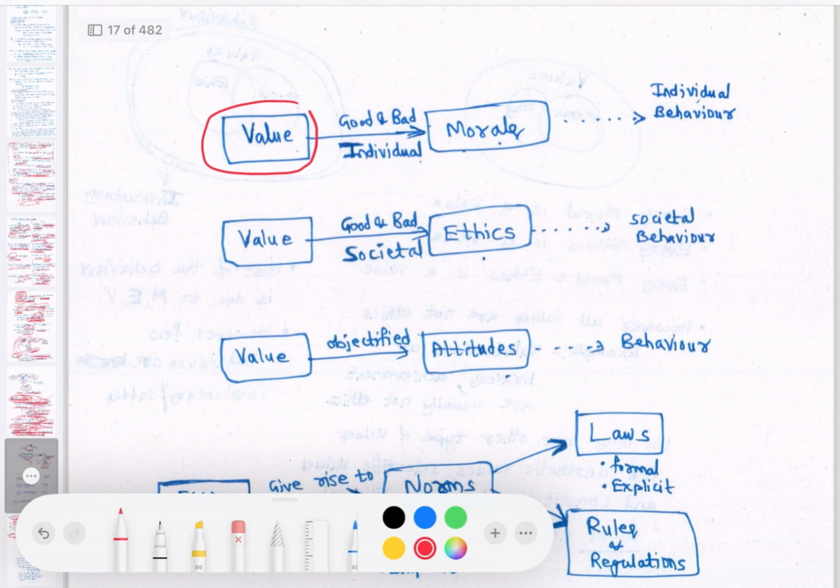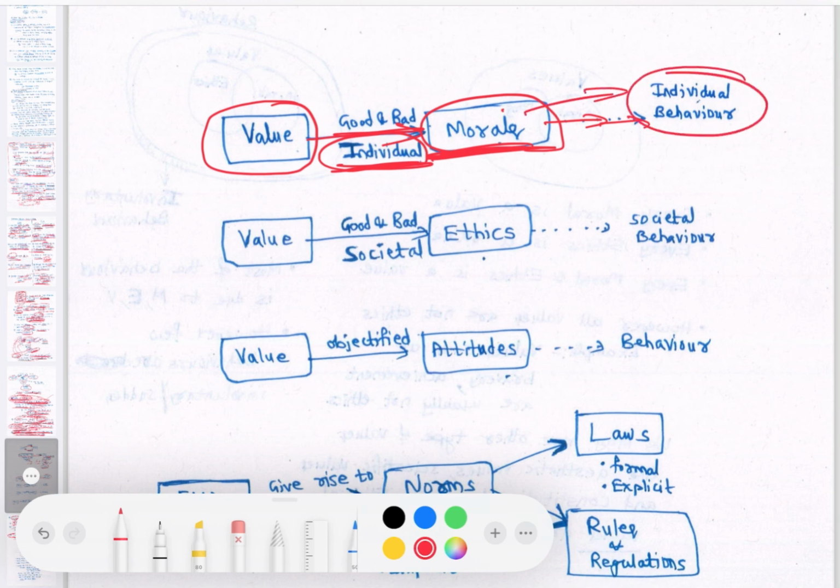Then values are good or bad at individual level. They are morals, right? And morals decide individual behavior; based on one's moral, an individual behaves. And values, good or bad at societal level. If a value is good, it becomes ethics.